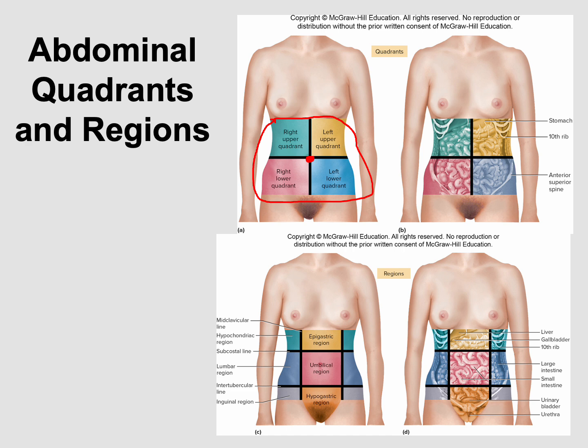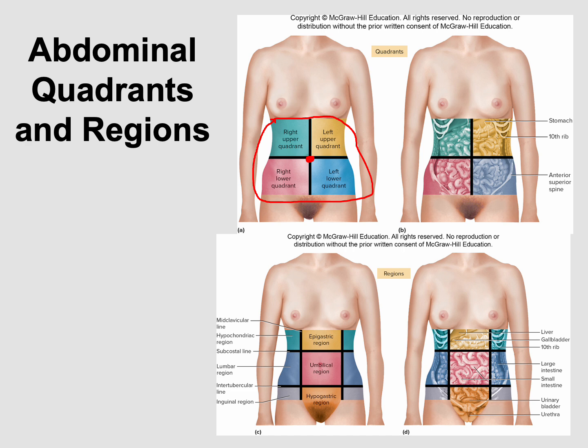Now moving on to the lower quadrants, the first one is the right lower quadrant, which has the appendix, ascending colon, and a few other organs. Then the left lower quadrant has the descending colon and sigmoid colon as well. Both lower quadrants have the small intestines, the large intestines, and the kidneys, which are bilateral organs. We also have the urinary bladder and the reproductive organs.